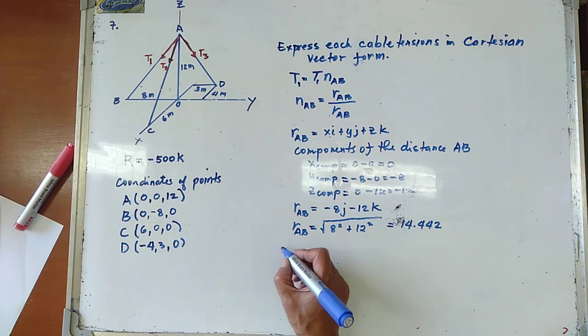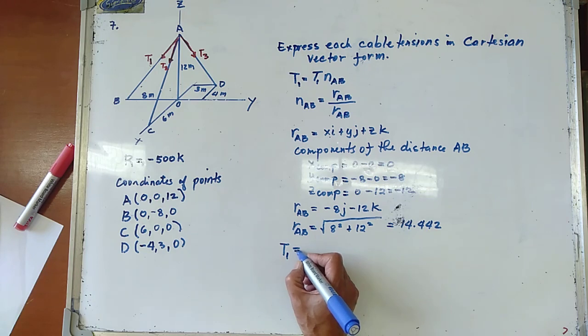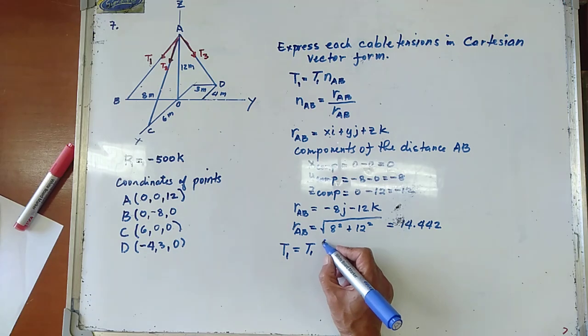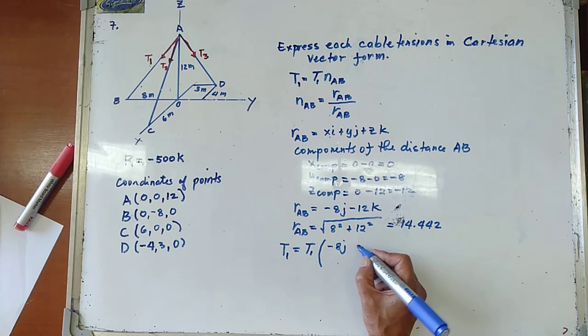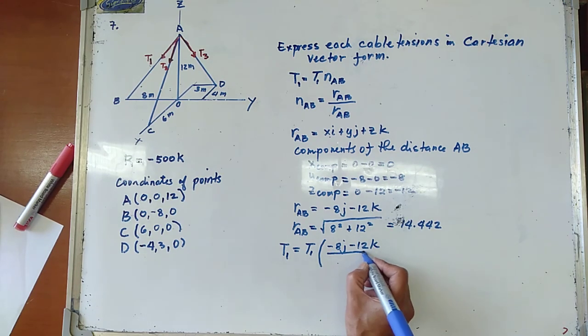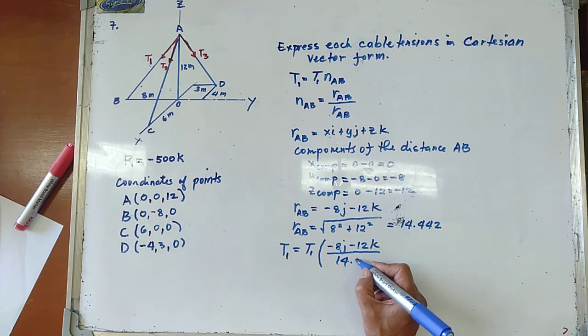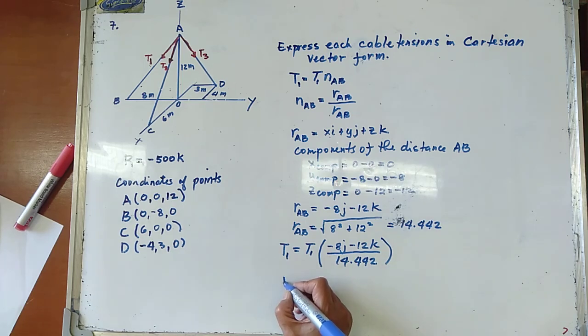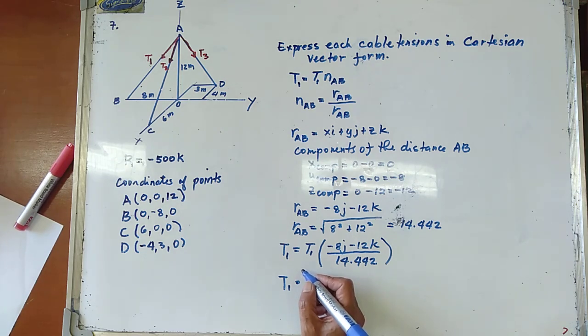So T1 in Cartesian vector form is equal to the magnitude of T1 multiplied by minus 8j minus 12k all over 14.442.